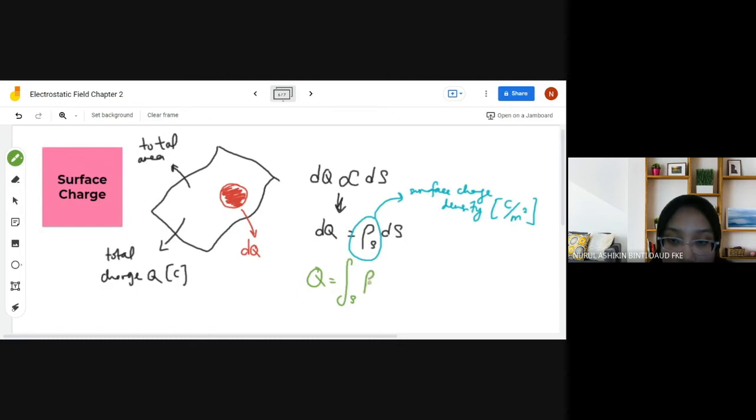So it will be the double integral of rho s ds. The mathematics now becomes more complex because we are dealing with a surface. Because we have two dimensions, we have to take into account the width and the length of the surface. So this is how we find the surface charge.